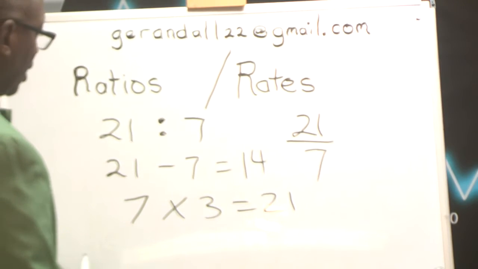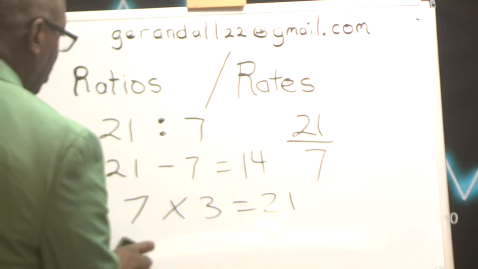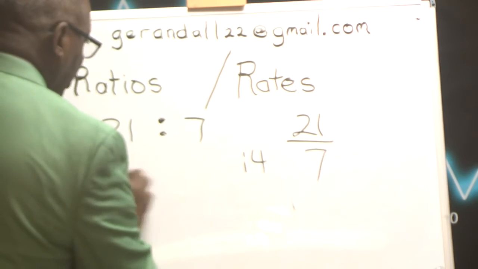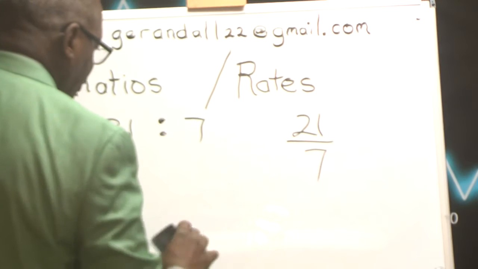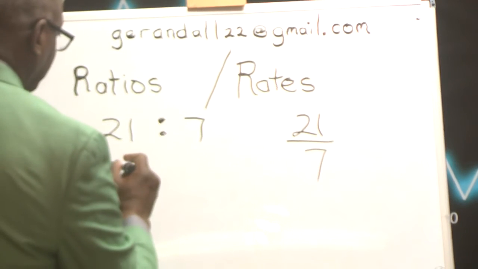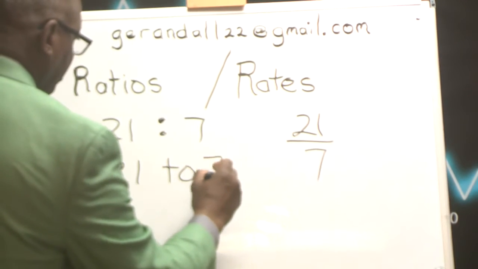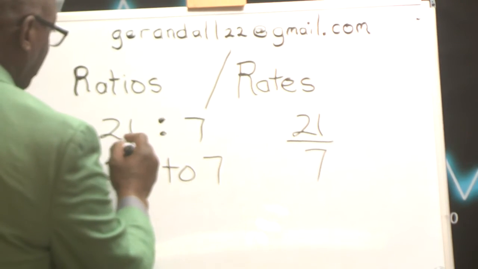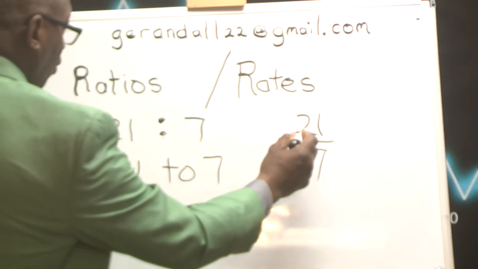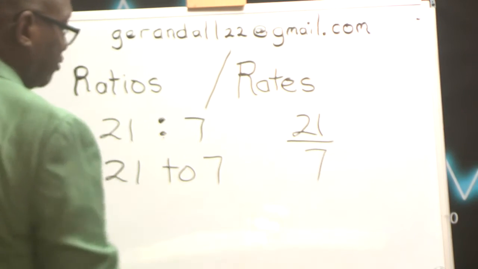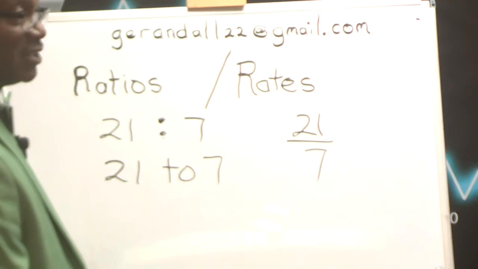So, in English, 21 to 7, with the colon 21 to 7, or 21 over 7, are all expressing the same thing.